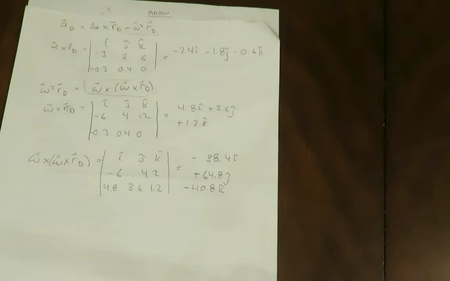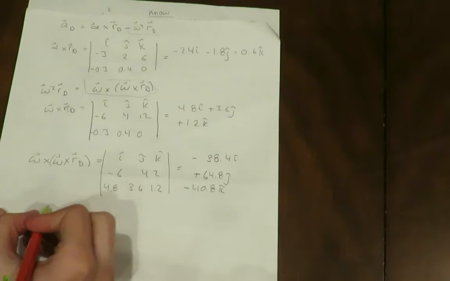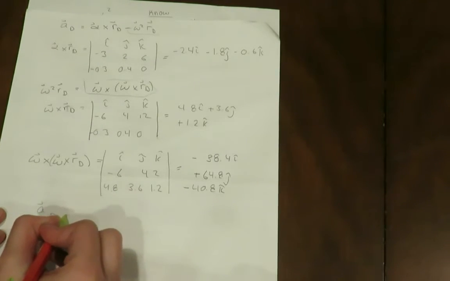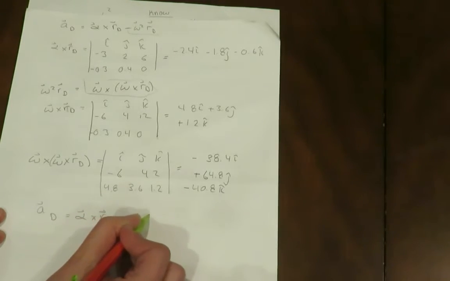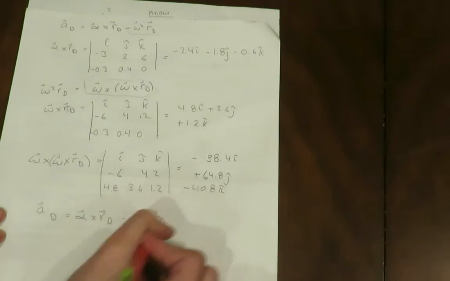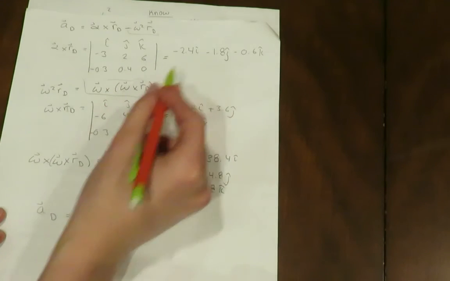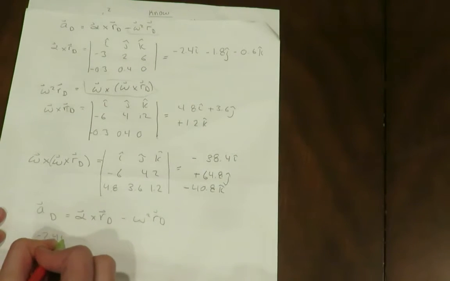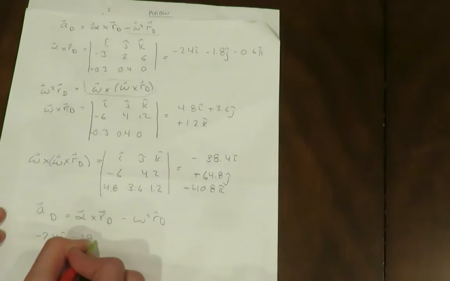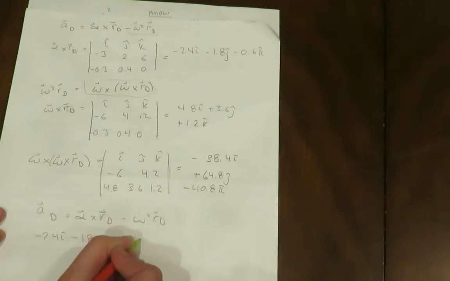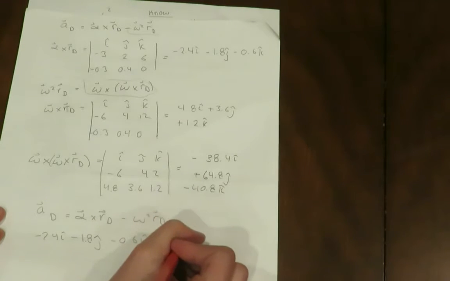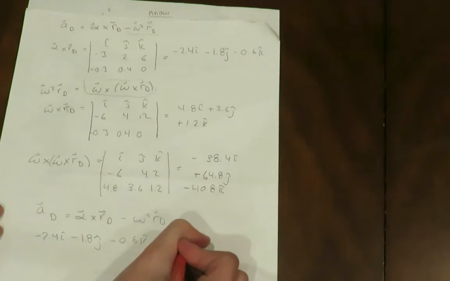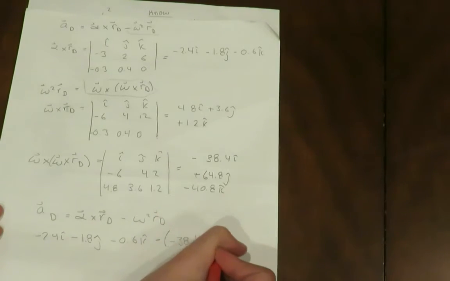Now we have all our terms, and all we're doing is some vector addition. The acceleration of D is equal to alpha cross RD minus omega squared RD. Our alpha cross RD is up there, and we're subtracting our omega squared RD term here.